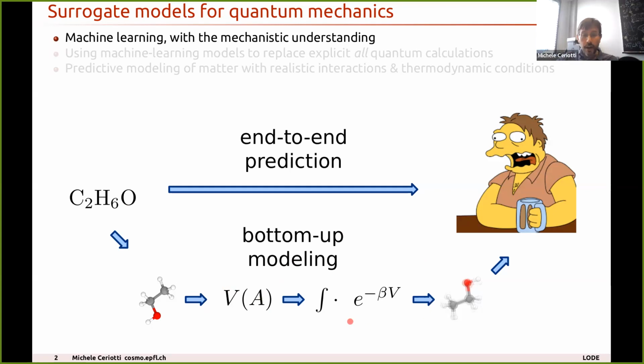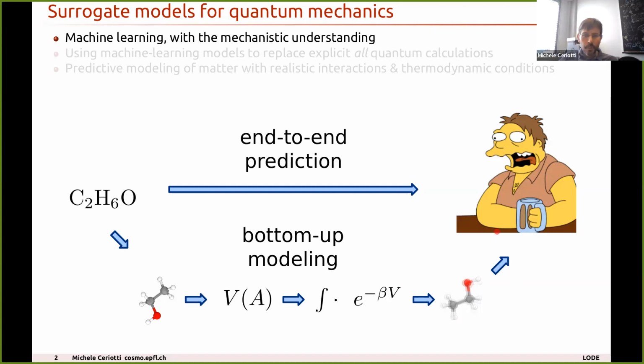Then we might want to do some statistical sampling to describe how this molecule behaves in a realistic setting of temperature conditions, and then we understand the mechanism by which this molecule has a certain effect on the human body.